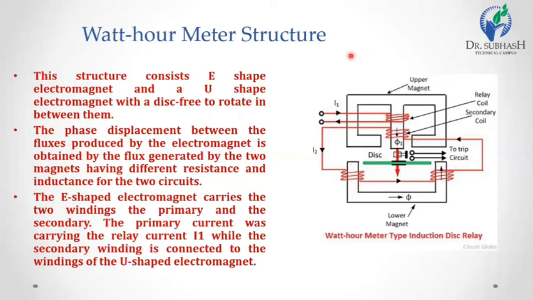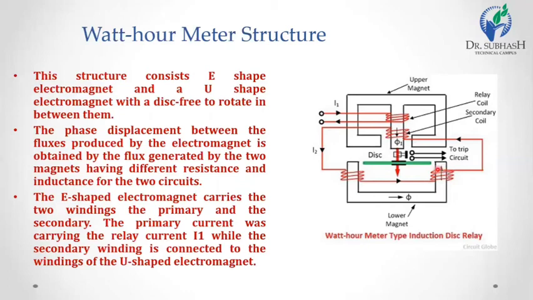If we see this image, the I1 and I2 currents are produced in this structure. So I1 comes from the CT, and after the development of force or current, I2 will be generated and it is linked with this U-type structure.